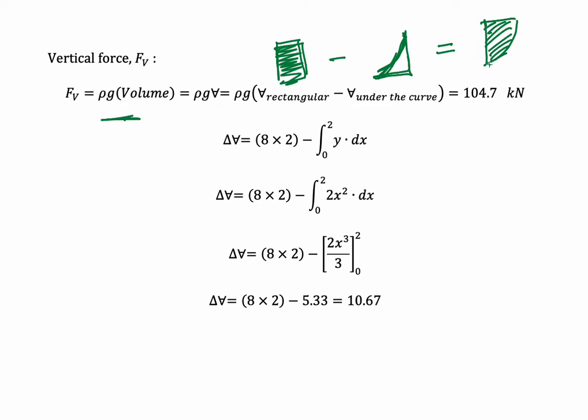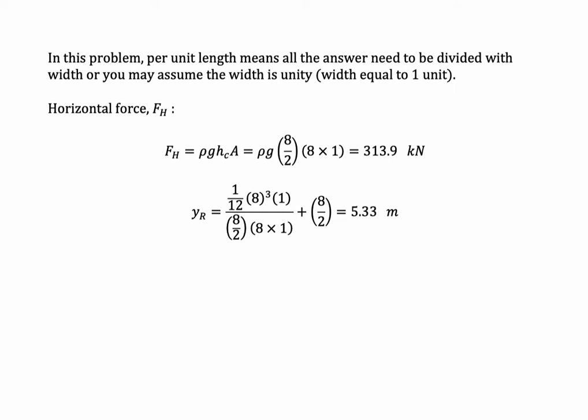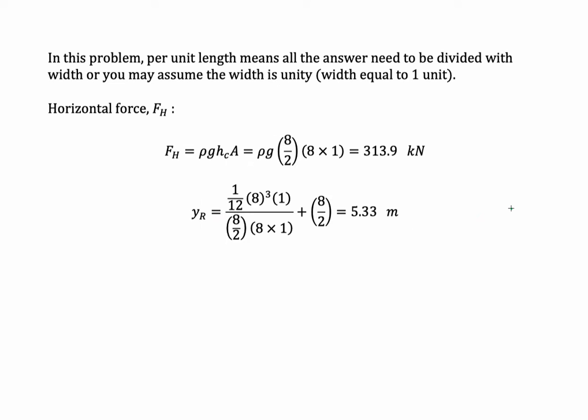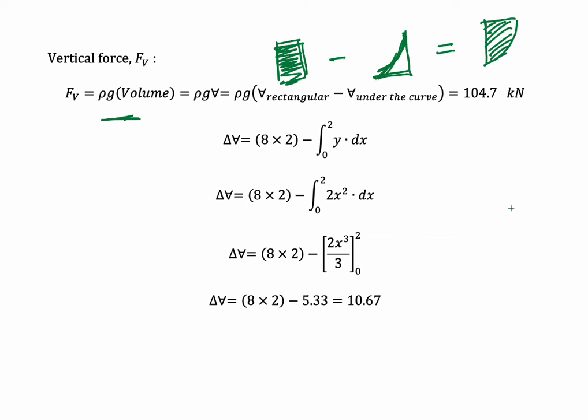You may calculate the area under the curve by using your previous knowledge of the integral method. Please make revision on this topic. If you do this, you will have the integration from 0 to 2 of y dx.